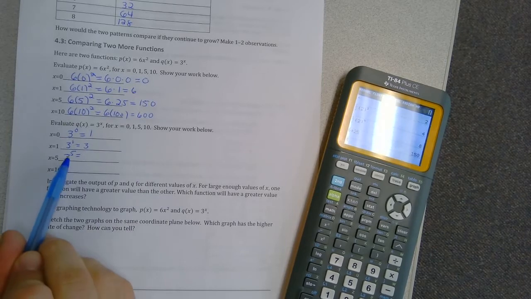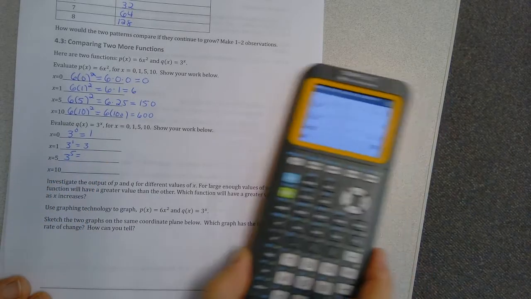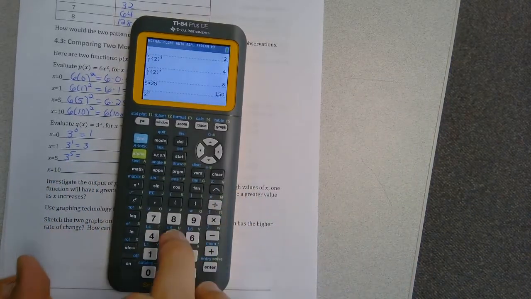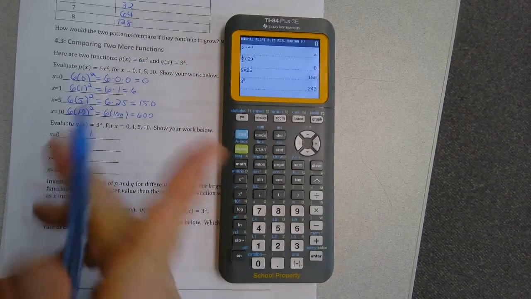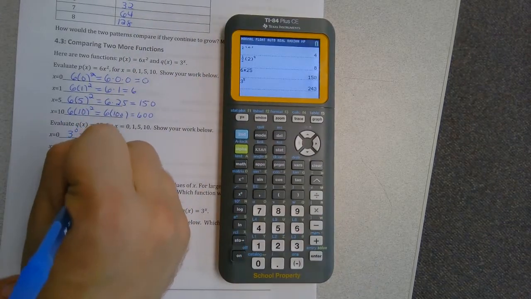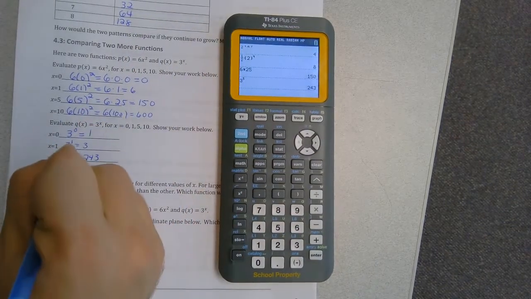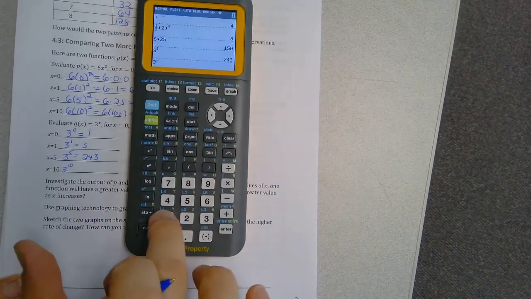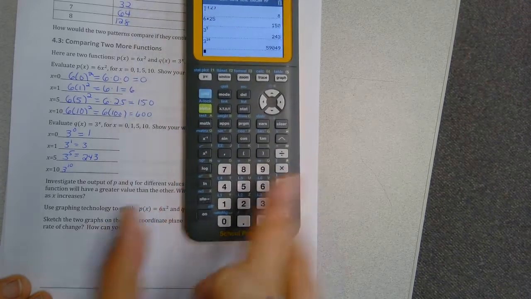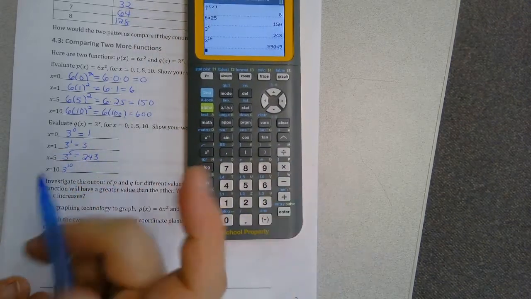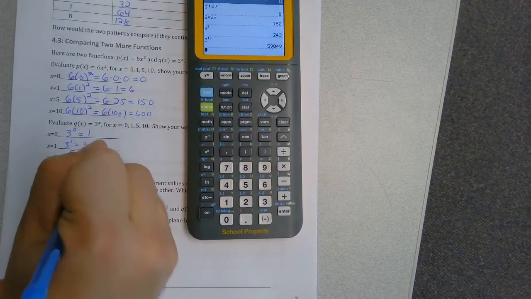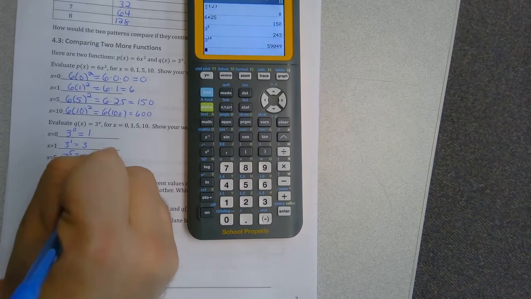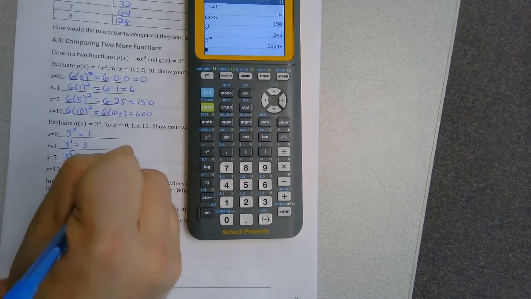That means 3 times 3 times 3, 5 times. I'm going to use a calculator for that. And I got 243. And then here we have 3 to the 10th. And evaluating that, we get 59,049.